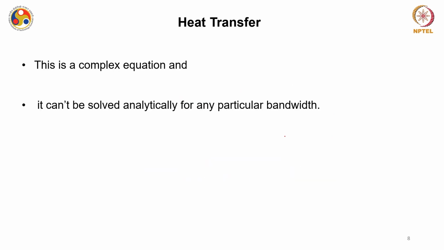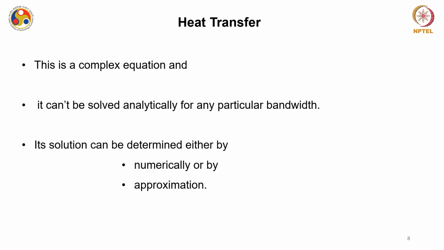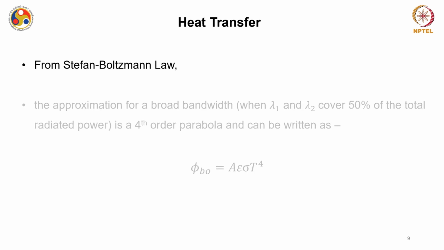Of course this is a complex equation and it cannot be solved analytically for any particular bandwidth. So its solution can be determined either numerically or by a certain kind of approximation. The Stefan-Boltzmann law actually gives the solution of this particular equation.